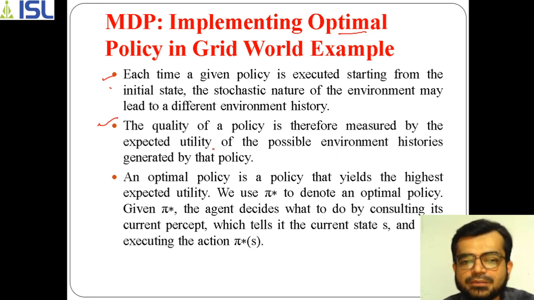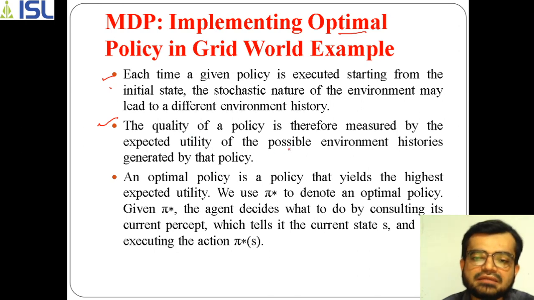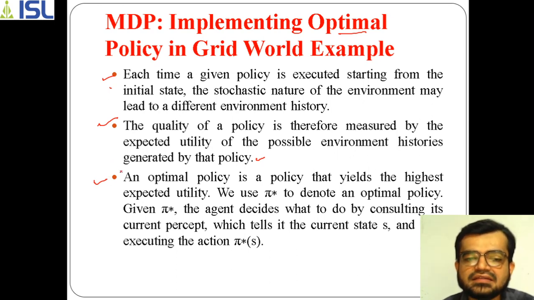So the expected utility is over the possible environment histories generated by that policy. Here the optimal policy is simply the one with the highest expected utility, meaning the highest reward.